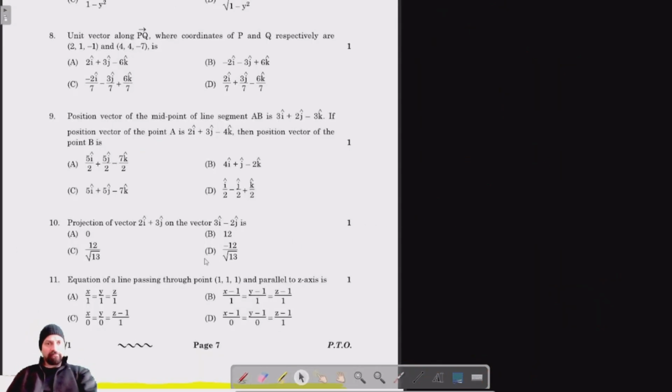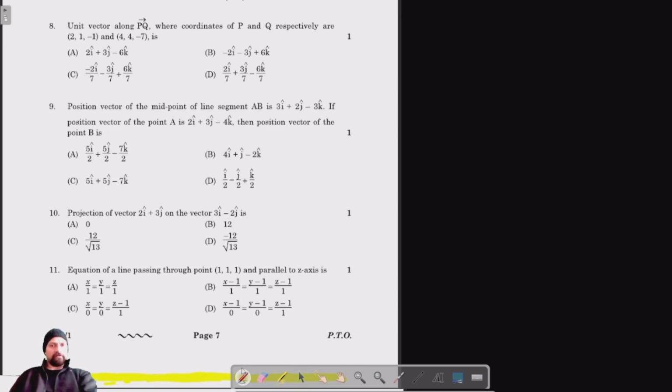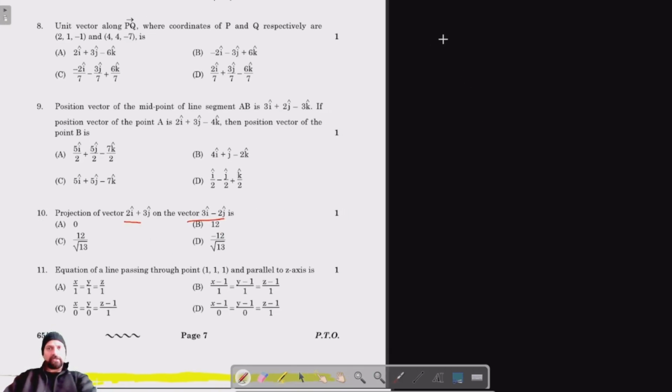For question number 10, we have to find the projection of vector 2i cap plus 3j cap on vector 3i minus 2j cap. So let's say our vector A is 2i cap plus 3j cap, and the next one is the B vector, which is 3i minus 2j cap.